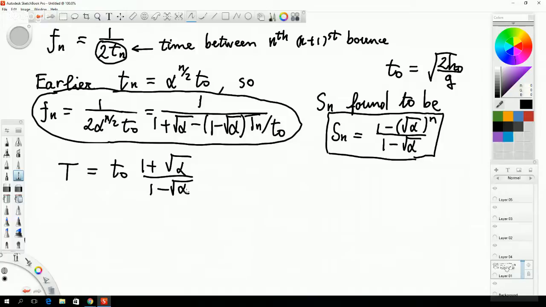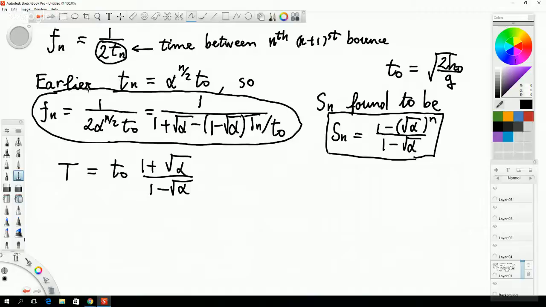So as Tn tends to this, which is its limiting value, you will see that the denominator tends to 0, which means that Fn itself will tend to infinity, so the frequency will go to infinity. Of course, you didn't need to go through such lengths to discover that.